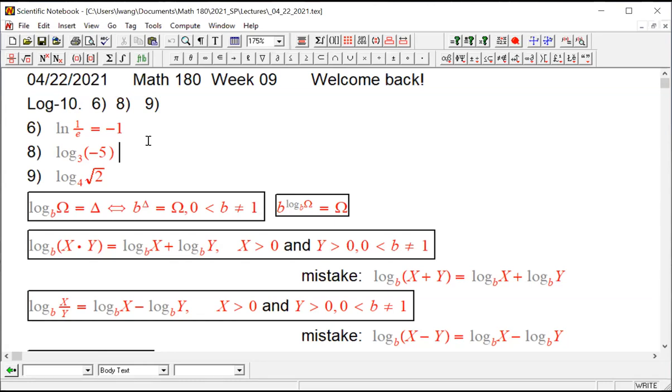When I was doing this one yesterday, I got stuck on it because I wasn't sure what the first step was. Okay. What did we just talk about? Domain and range.